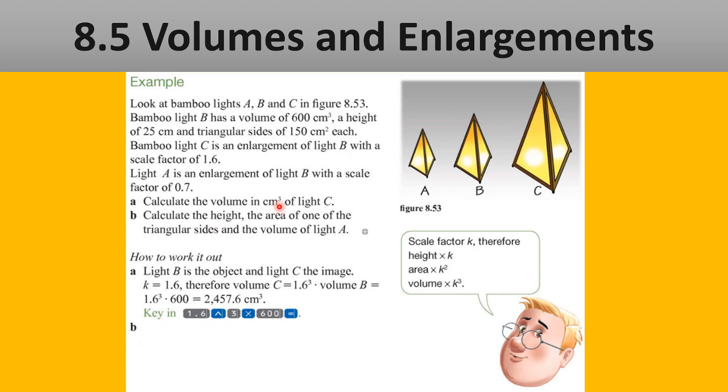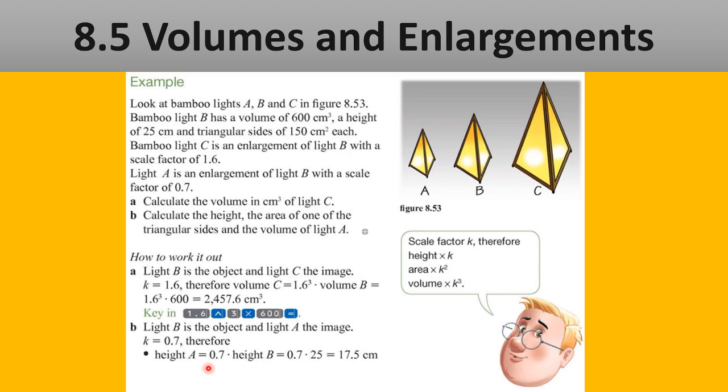Calculate the height, area of one of the triangular sides and the volume of light A. Well, we don't know any dimensions of A, no height, no area, etc. But we do know all those things of B. And we know the scale factor from B to A, it's 0.7. So for example, the height, which was 25 in the object, becomes 25 times k. And k was 0.7.